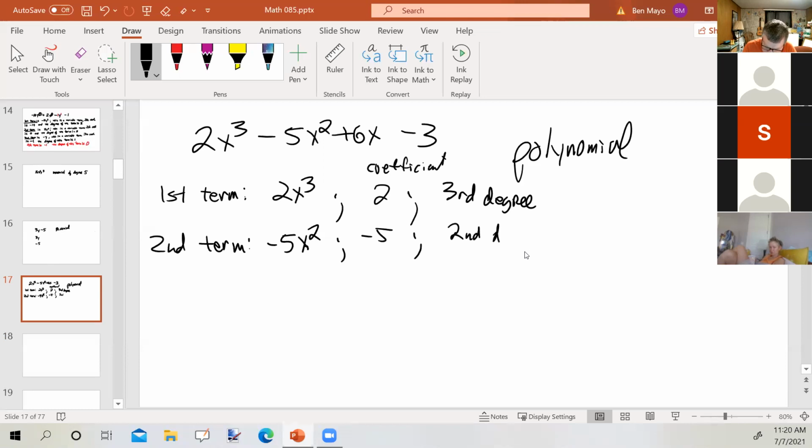Good. What's the third term? 6x. What's its coefficient? 6. What's the degree of the term? 1. Good.